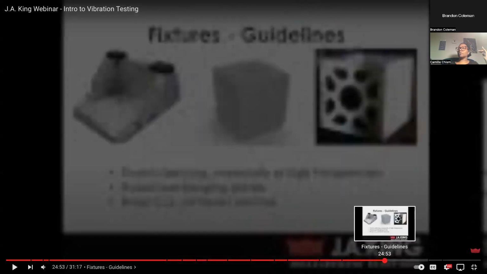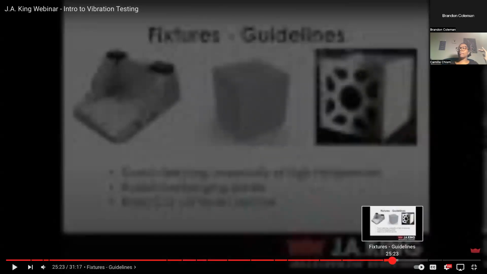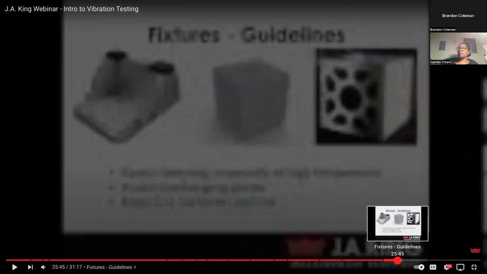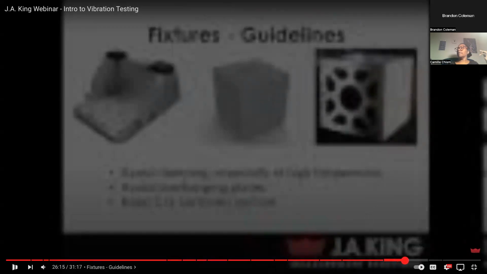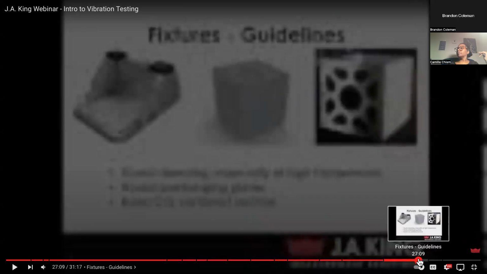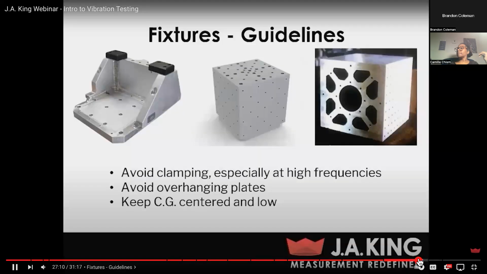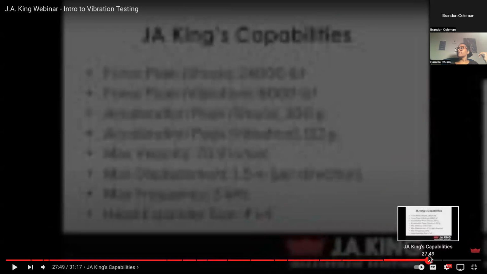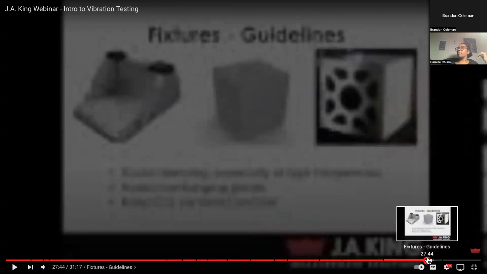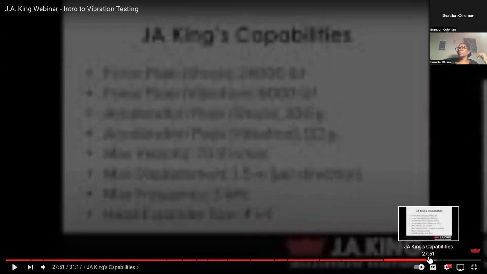I more want to focus on how the vibration works versus how they're actually running the testing. Careful when you use clamping. You can always go back and look at the entire video. You can look it up on YouTube.